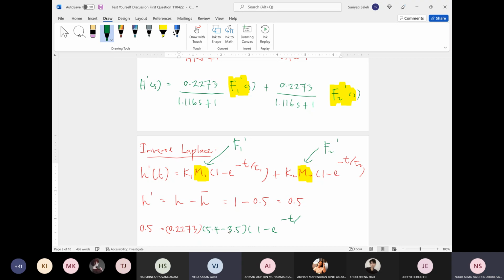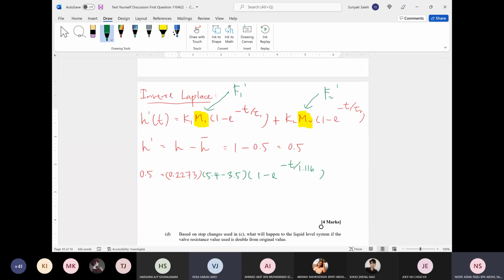Tau 1 is 1.116. So we have that for the first. And then for the second one, plus K2, 0.2273. And then the magnitude for F2.